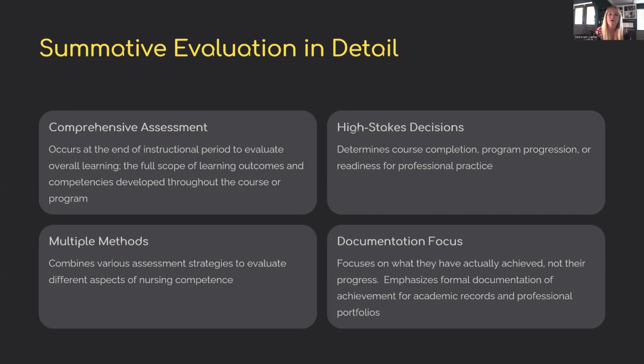Okay, so comprehensive assessment, high stake decisions that might be like your ATI, documentation, emphasizing formal documentation and multiple methods. Again, you can use multiple methods for summative. It doesn't have to be just like a final exam at the end of the semester with multiple choice. It can be a final skills lab check, something like that even.